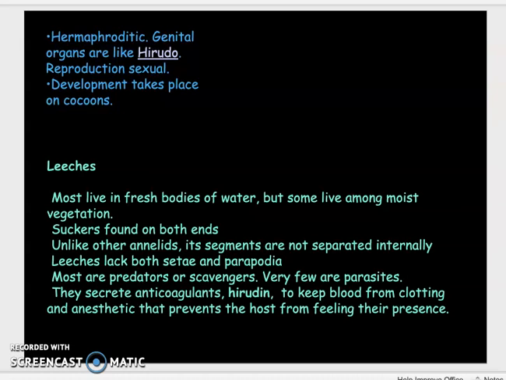Most are predators and scavengers, and very few are parasites, and they secrete an anticoagulant called hirudin. This hirudin is an anticoagulant secreted by this annelid worm, which keeps the blood from clotting, and an anesthetic which prevents the host from feeling their presence.